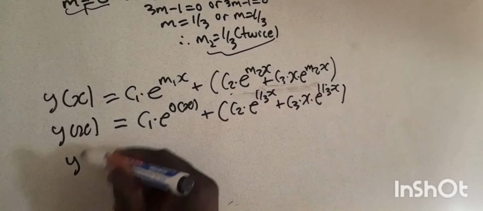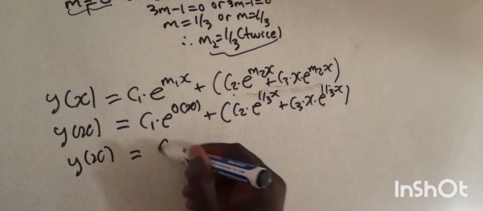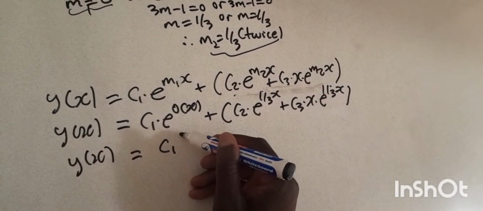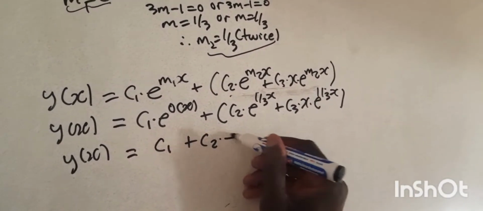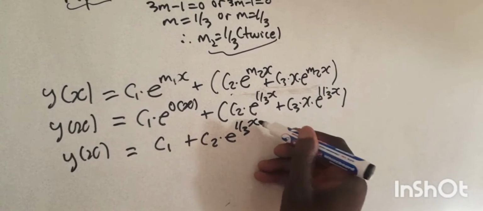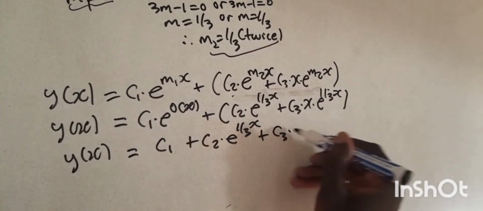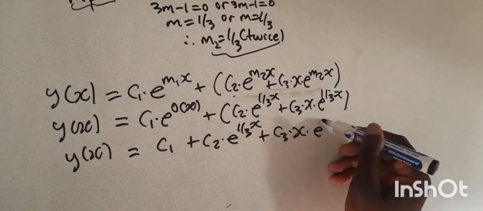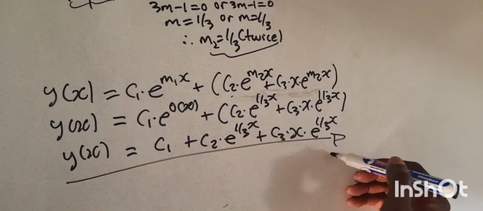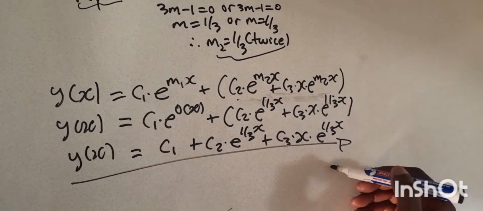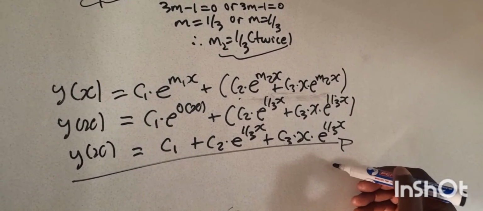This will equal c1, since any number to the power of 0 is 1, c1 times 1 is c1, plus c2 times e to the power of 1 over 3x plus c3 times x times e to the power of 1 over 3x. So thus this is the general solution of that differential equation.